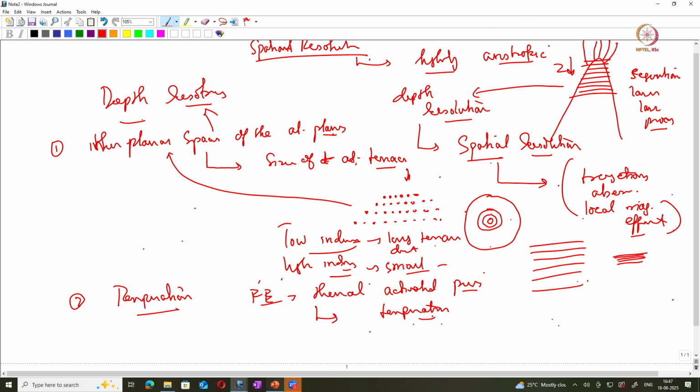This means that the accuracy of detection of sequence depends upon the temperature.